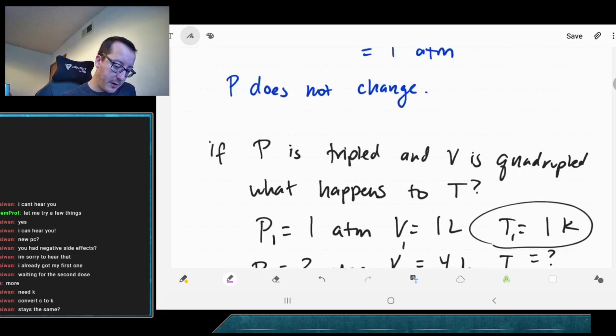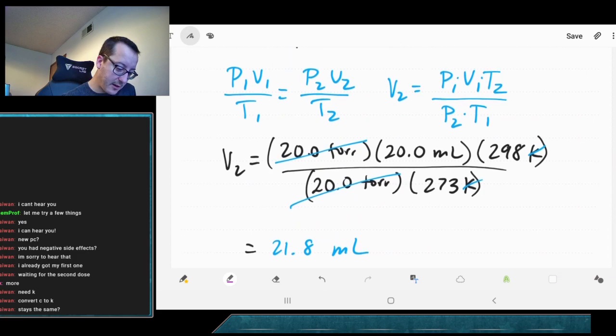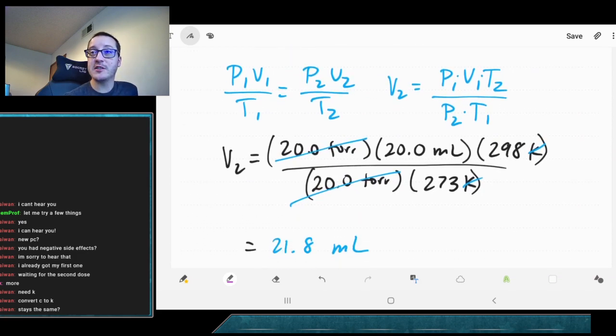So if we look back to what we did, here, we had the pressures equal to each other, right? The pressure didn't change over this process. And so if we really wanted to save ourselves some grief, we could just get rid of the pressures. We don't have to even worry about them.